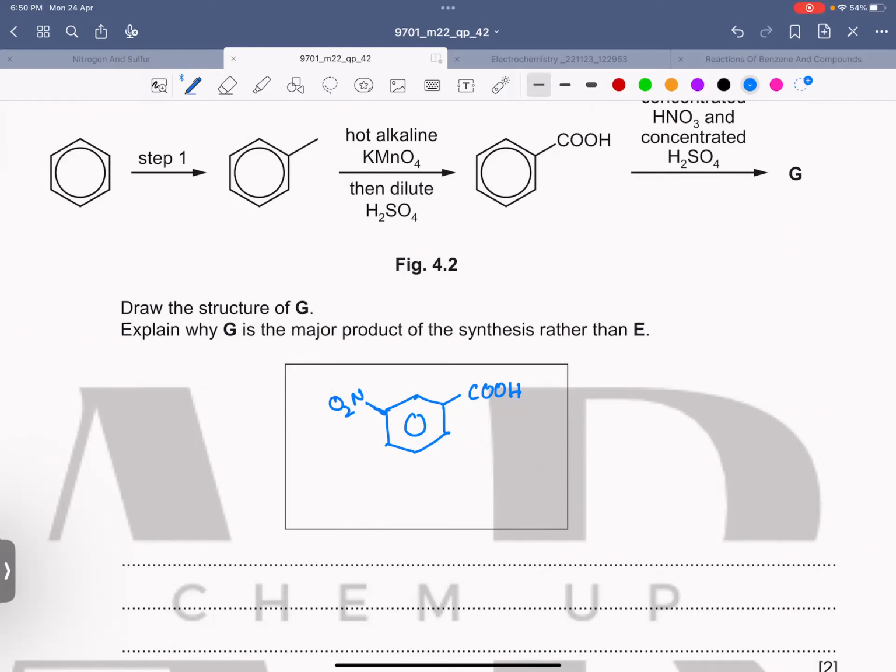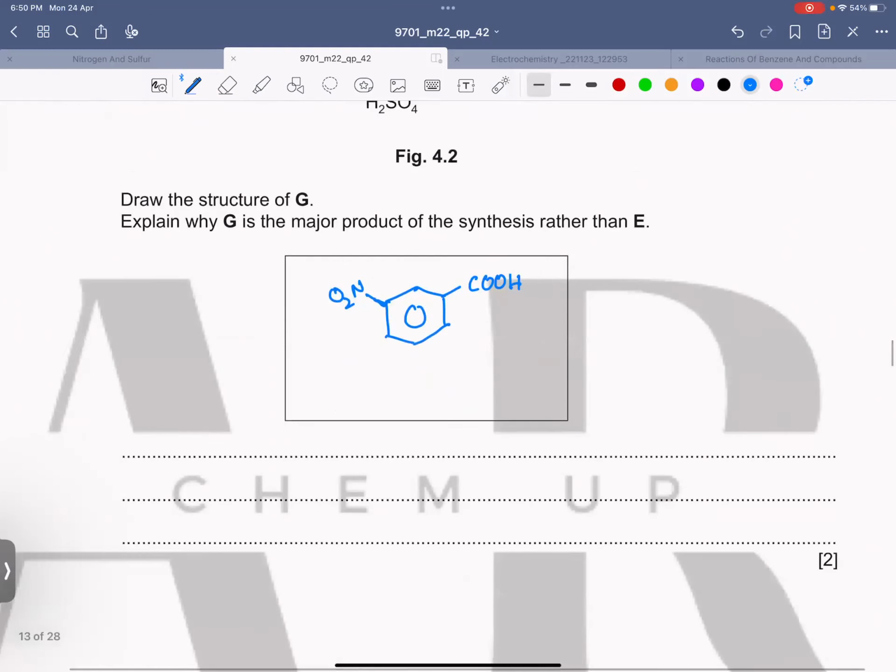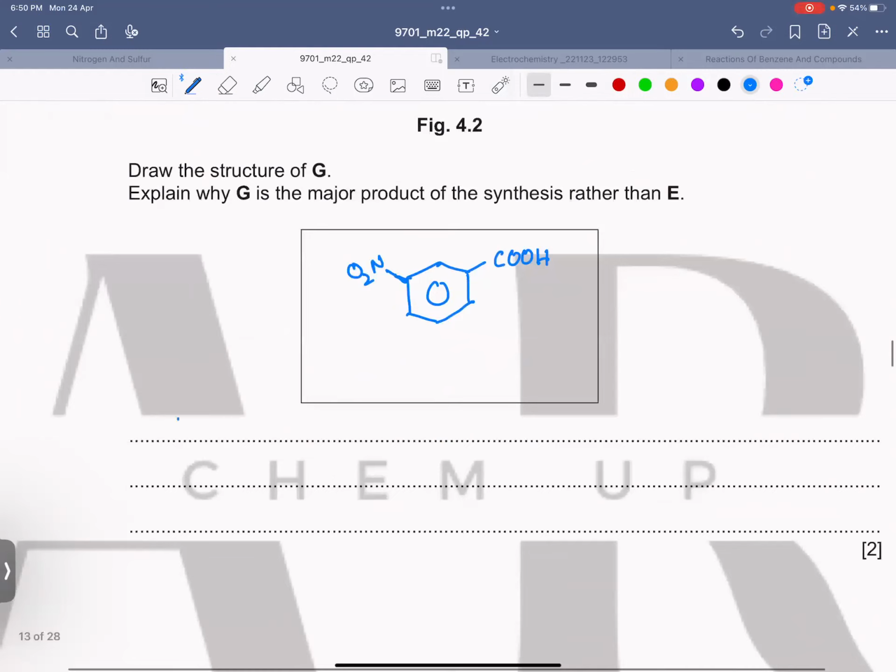Explain why G is the major product of the synthesis rather than E. So it's simpler: the COOH group is bonded to benzene.